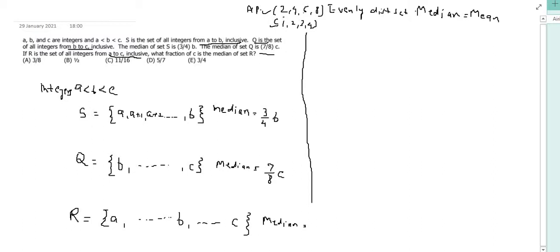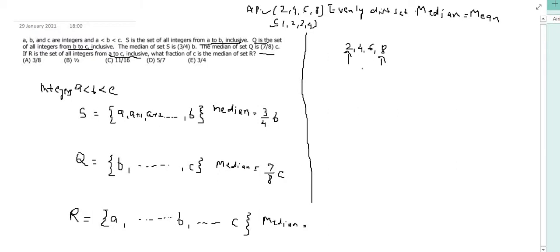When you have an evenly distributed set, there is one more concept for calculating the mean. Instead of adding all these numbers and dividing by the total terms, let me take the example 2, 4, 6, 8. I'll take the first term and the last term since it is evenly distributed, and add these two.